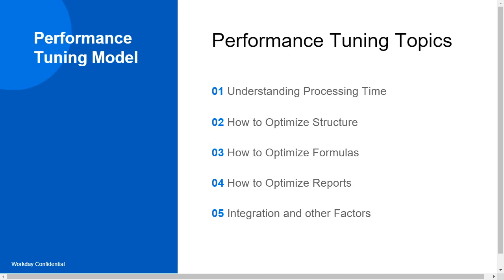Over the course of this training, we talk about different areas such as how to optimize structure. There are always a lot of areas where a structure may be fundamentally inefficient due to possibly a setting or a way a sheet is set up, so we talk about different ways of optimizing the structure.